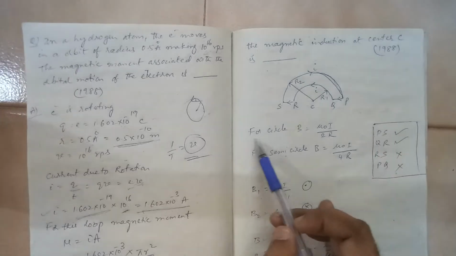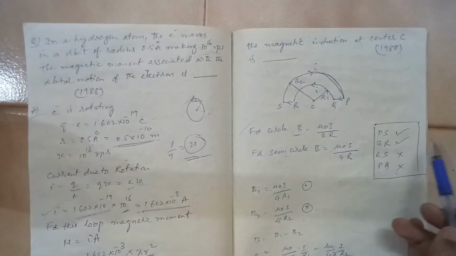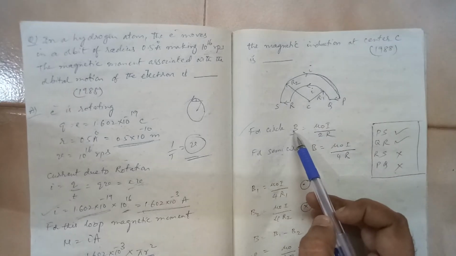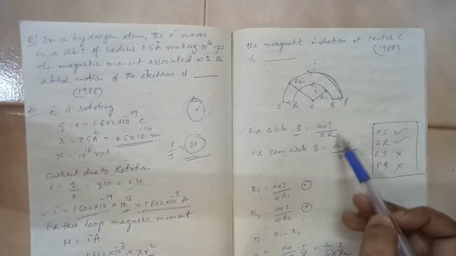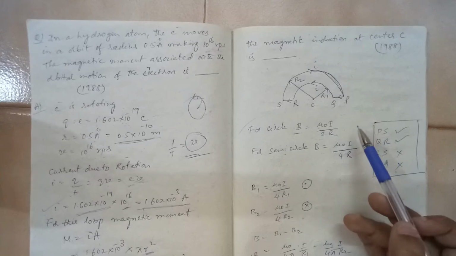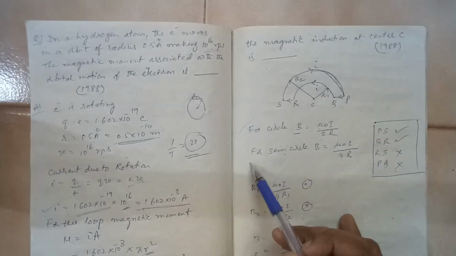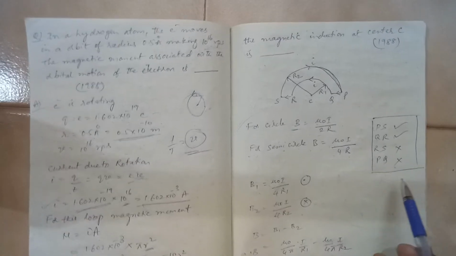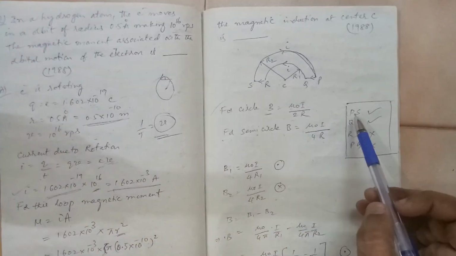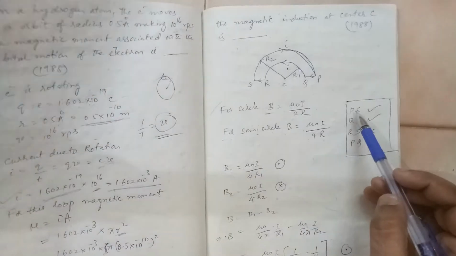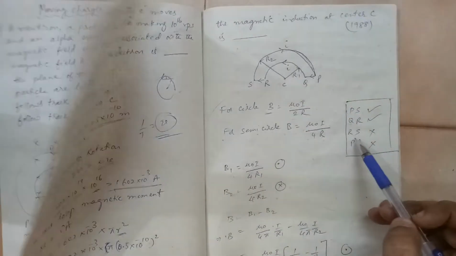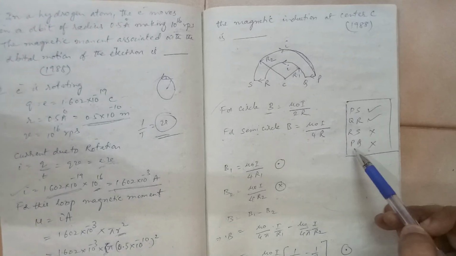For a circle the B formula is mu naught I by 2R. It is for the circle. So for the semicircle, you have to multiply this by half. It will be half the value, right? So for a semicircle, B is equal to mu naught I by 4R. In this type of question, you just identify the elements: you have PS, element QR, RS, and then PQ.